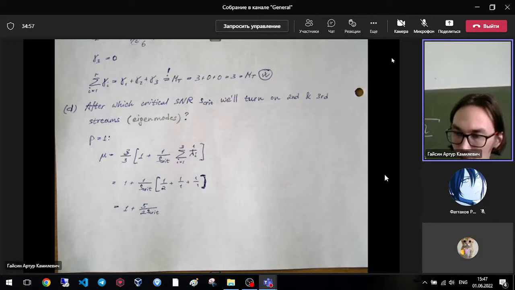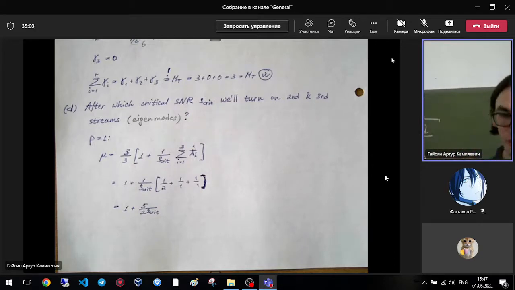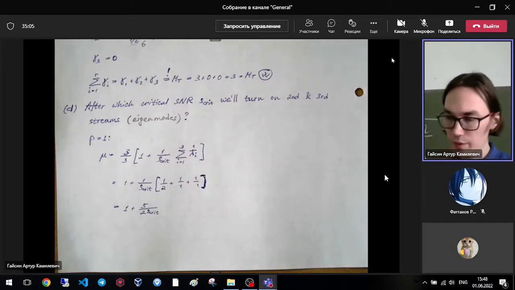Then let's assume this general formula for gammas. What we can see in these gammas.